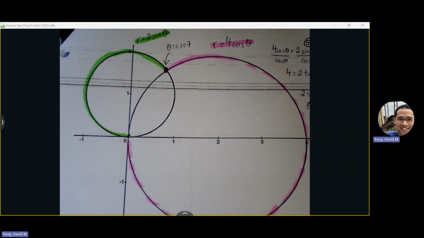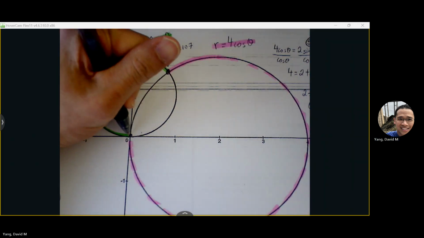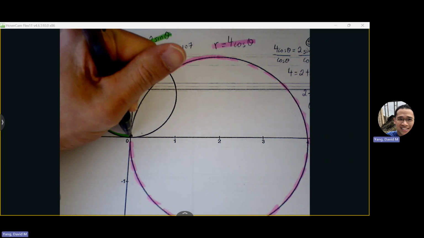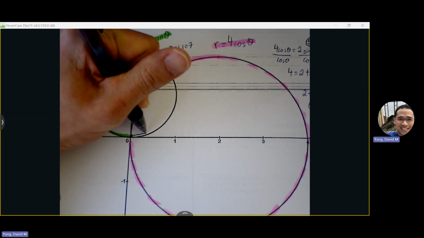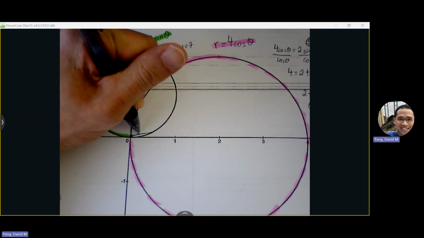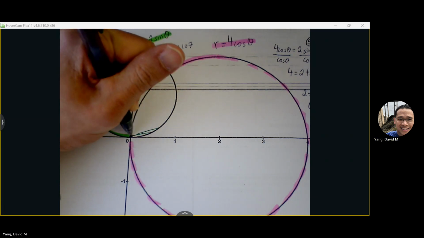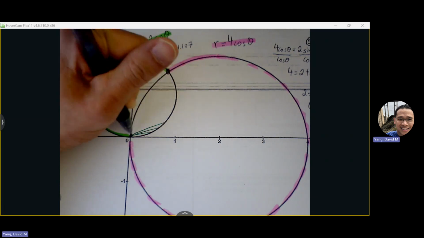Okay, so initially, when we find area, it's going to start hitting these curves. So initially, which graph is involved in this process?